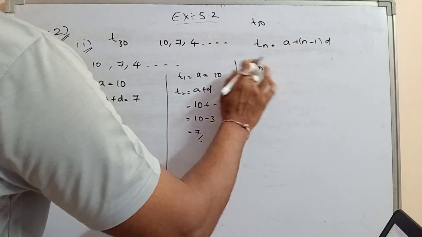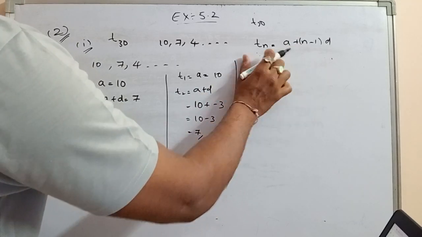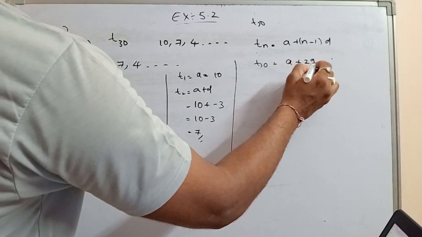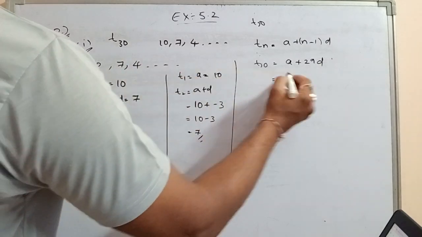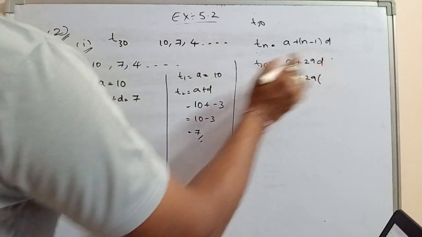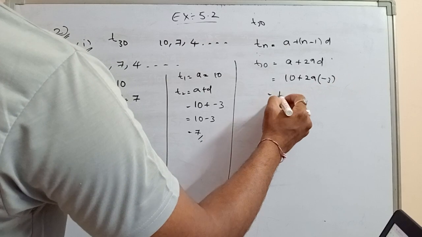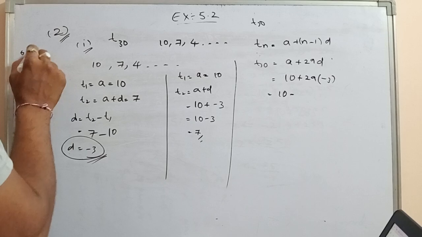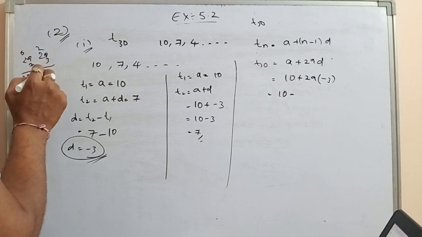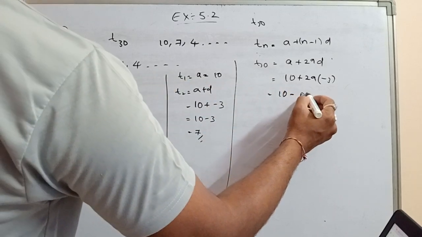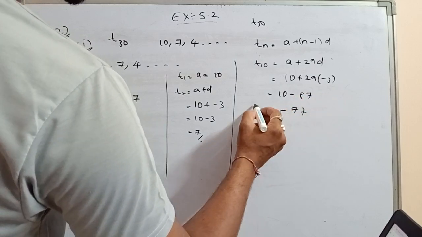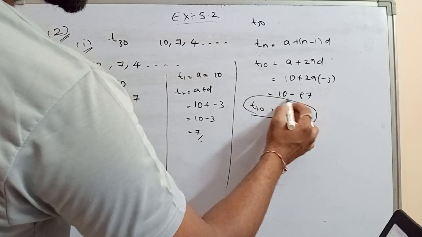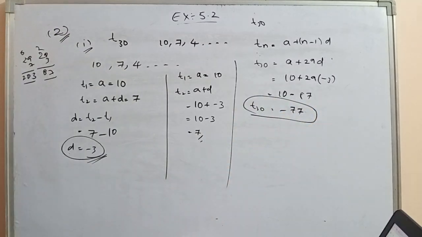Tn is equal to A plus n minus 1 into D, so T30 is equal to A plus 29 into D. The value of A is 10 plus 29 times minus 3, so 10 minus 87, which is minus 77. So T30 is equal to minus 77, and that is the answer.